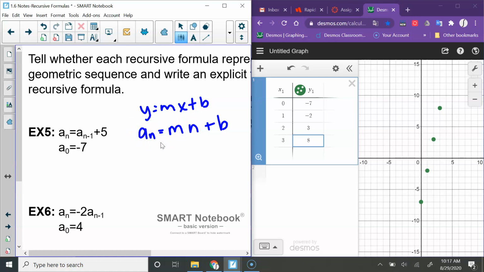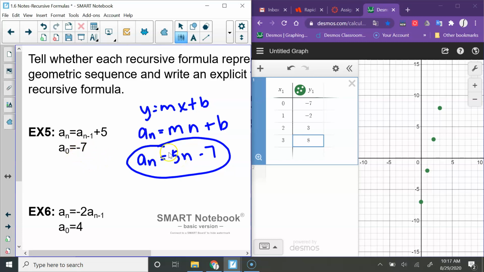So if I'm writing this formula, a sub n is going to equal, my slope of this graph is 5. I'm going up 5 over 1. So I'll have 5n plus b, which is my y-intercept, which is negative 7 right here. So this would be my explicit formula for this sequence right here. And for this sequence, you can see that that number that's added right there for this arithmetic sequence, that's my slope.